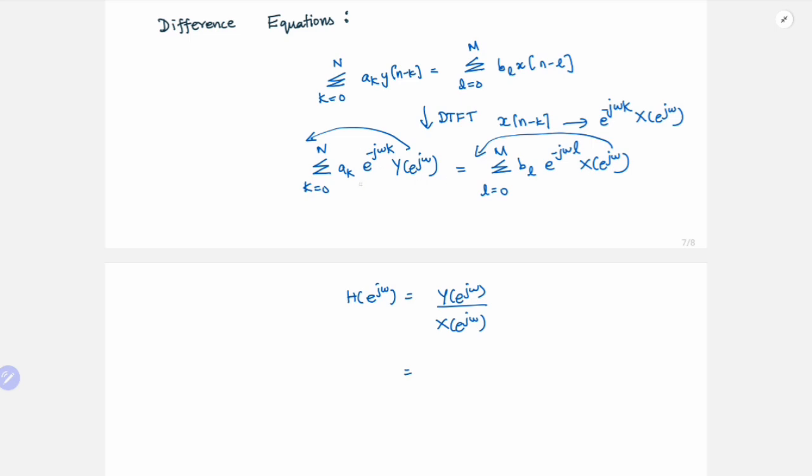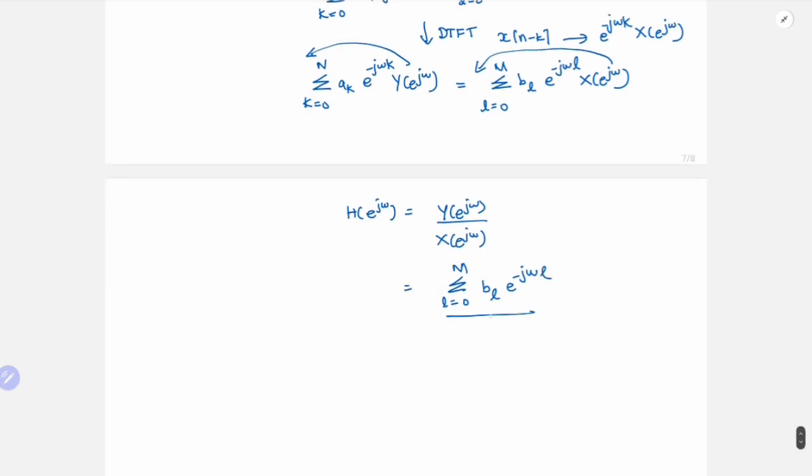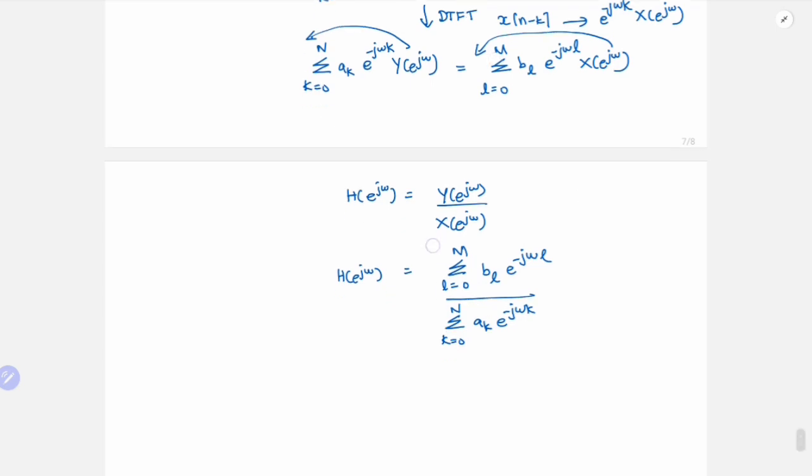Taking this to the other side, I'll get summation l equal to 0 to M, b_l e power minus j omega l, divided by summation k equal to 0 to N, a_k e power minus j omega k. This will be my transfer function. In continuous time, I had variables of j omega, but here I have variables of e power minus j omega. So let us take an example.